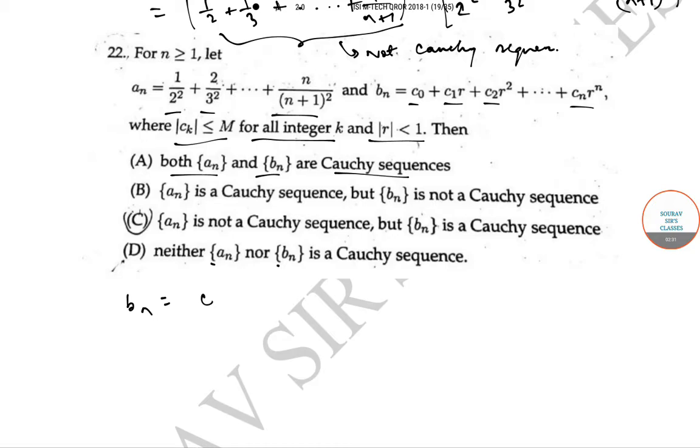b_n is equal to c0 plus c1 r plus c2 r squared up to cn r to the power n.